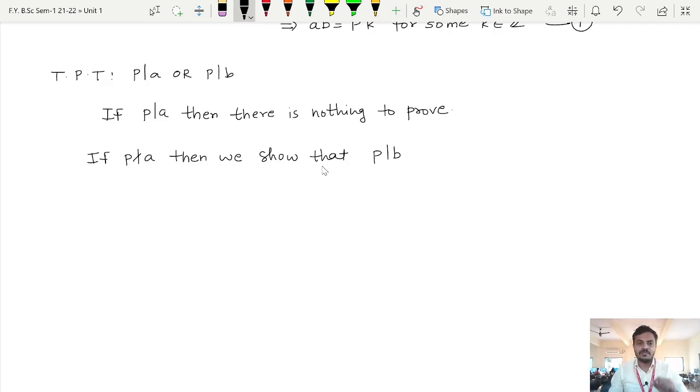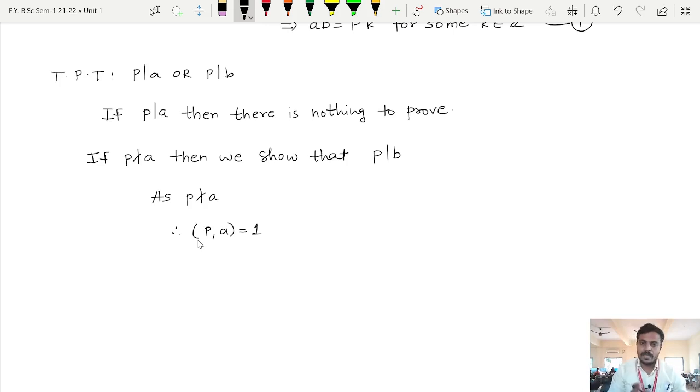Now since we have already assumed that P does not divide A, according to the last result, we can conclude that the GCD of P and A should be 1. So I will write here, P does not divide A, therefore GCD of P and A should be equal to 1. Now we have already seen the existence and uniqueness of GCD theorem.